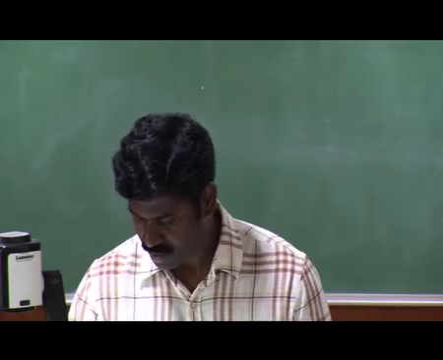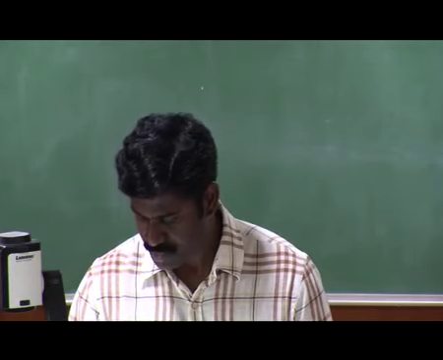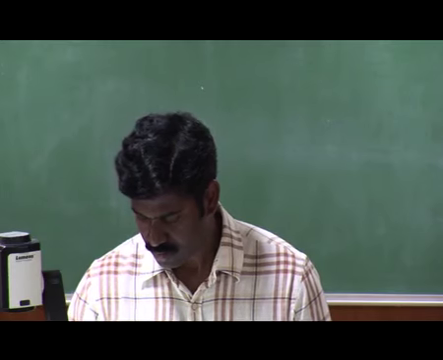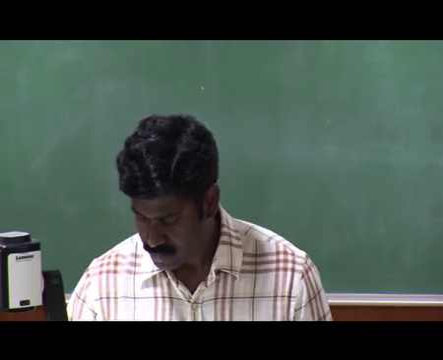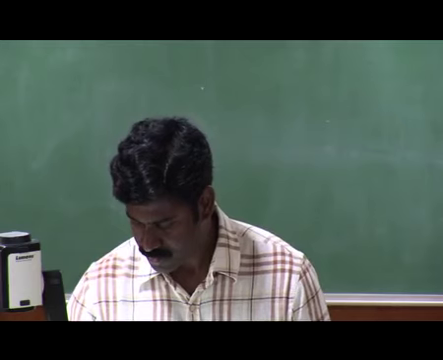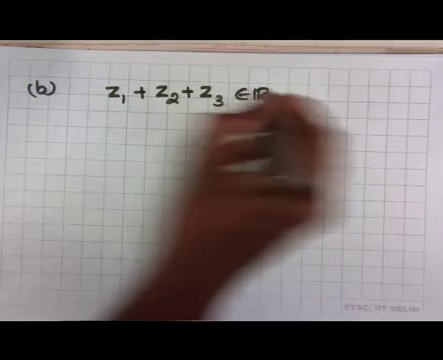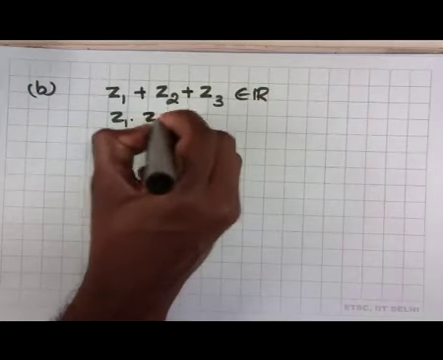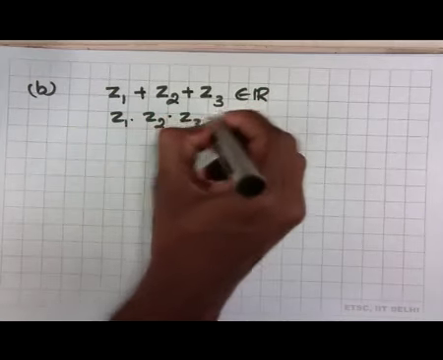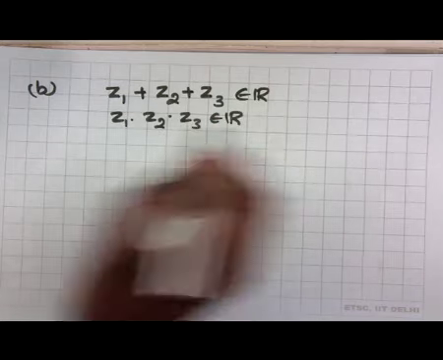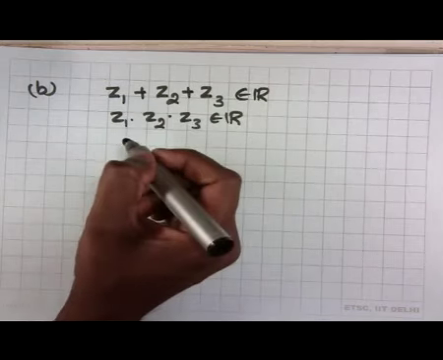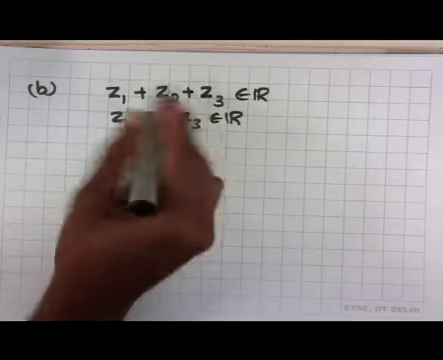What we are demanding is you give me a triple, so the sum must be real. I am just repeating what our given assumption is. So, we are looking for a triple which satisfies this condition.